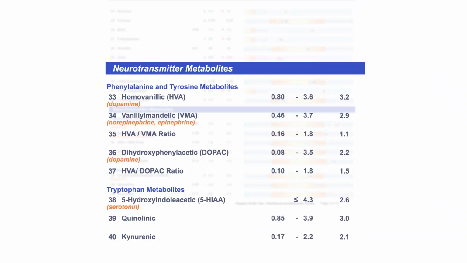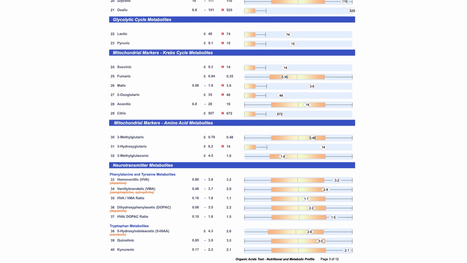So on this test, you can see that we measure for dopamine metabolites, norepinephrine and epinephrine metabolites, and also serotonin metabolites, which can provide us a lot of information around how well you are producing these brain chemicals and how you are breaking them down.